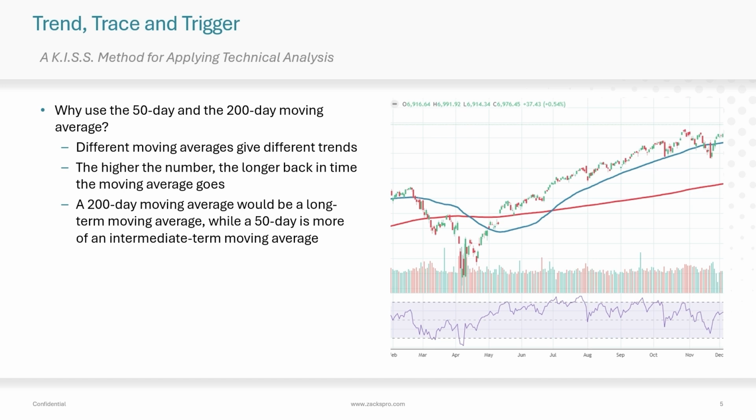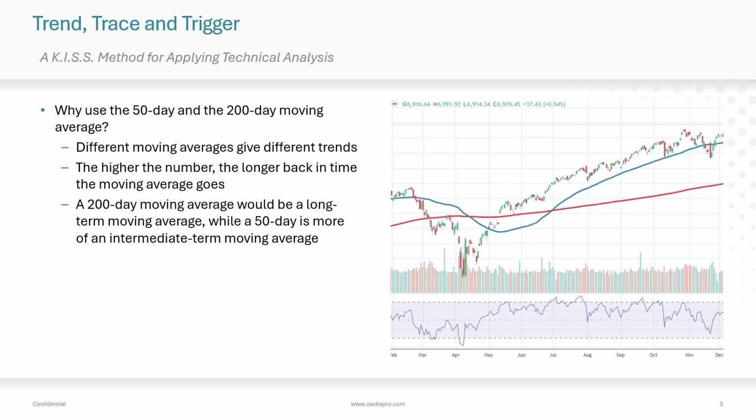So why use the 50-day and the 200-day? Different moving averages give different trends. The higher the number, the longer back in time that moving average goes. So a 200-day moving average would be a long-term moving average, while a 50-day is more of an intermediate or a short-term average, right? I'm keeping it simple.